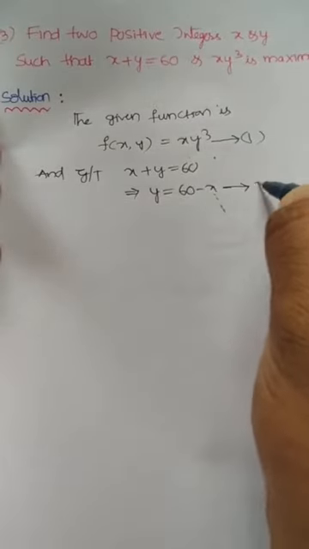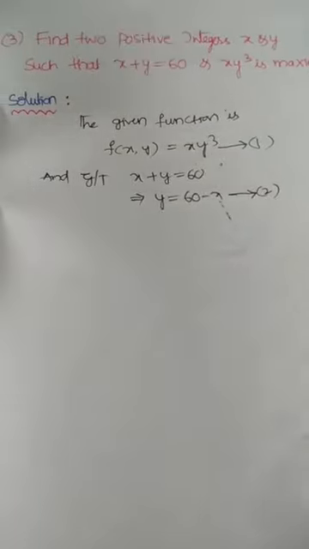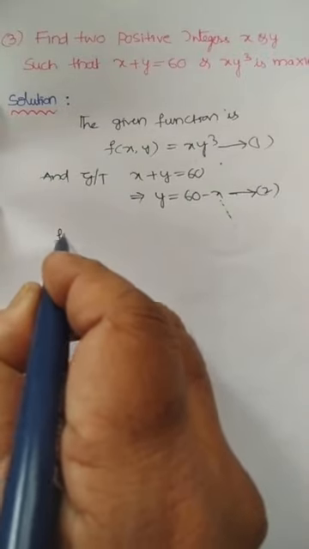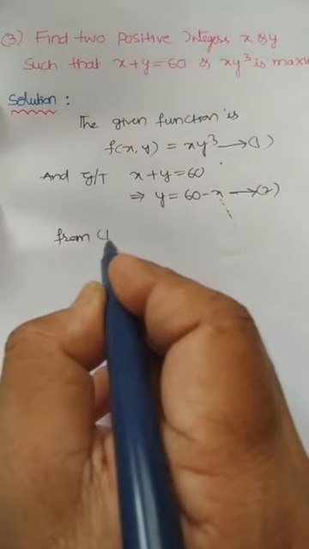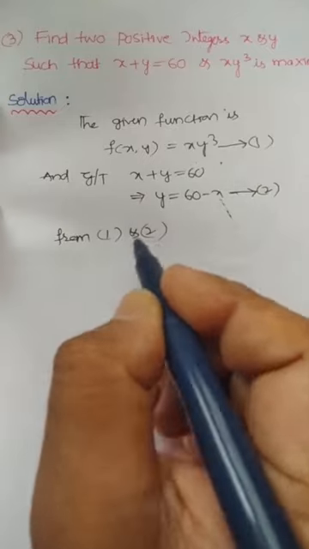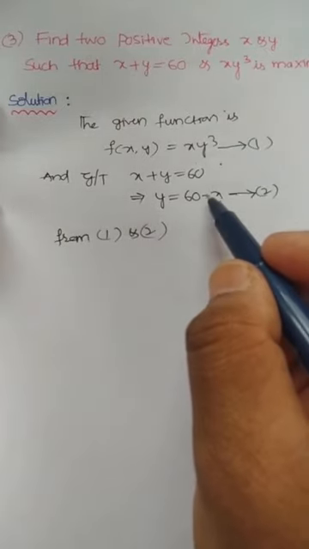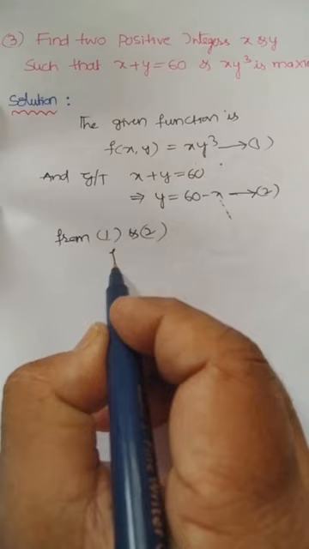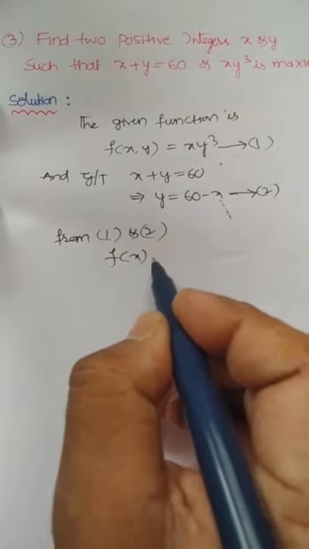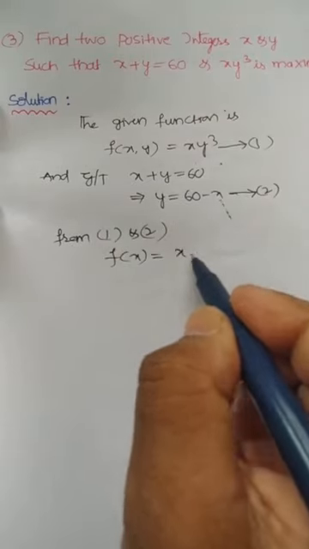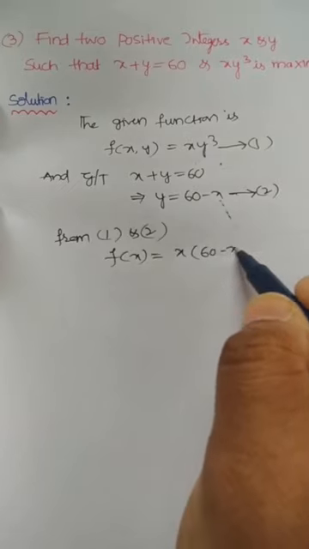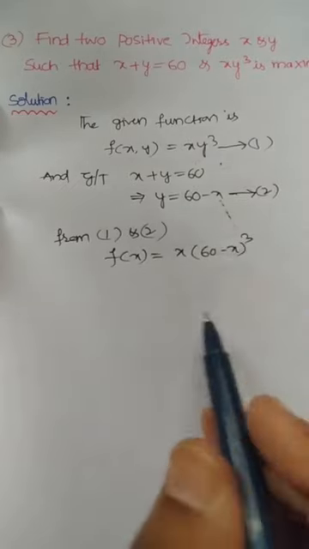This is equation number 2. From 1 and 2, in place of y I am going to substitute this value. So the function turns into only x terms, x into (60 minus x) whole cube. So this is our function.